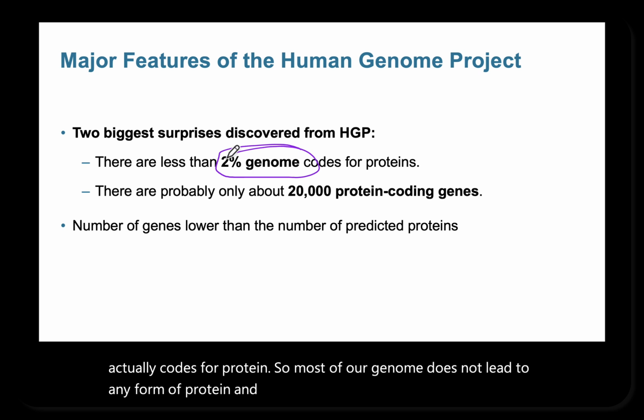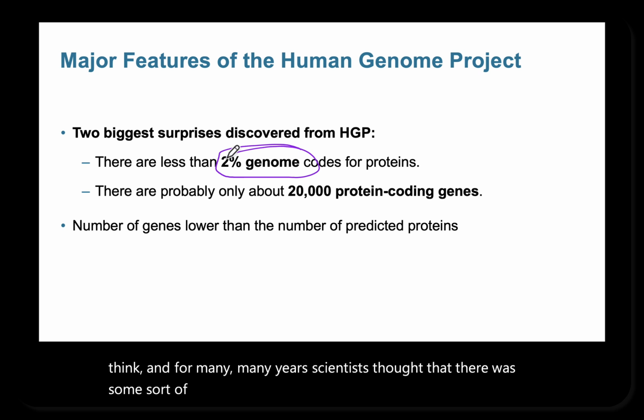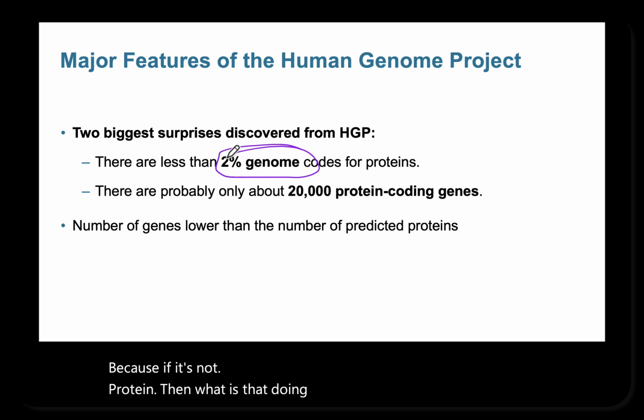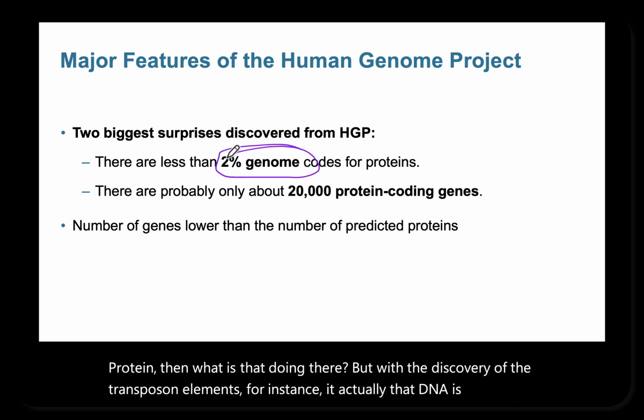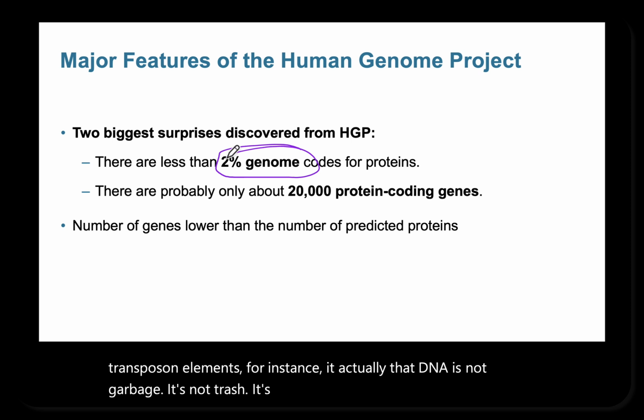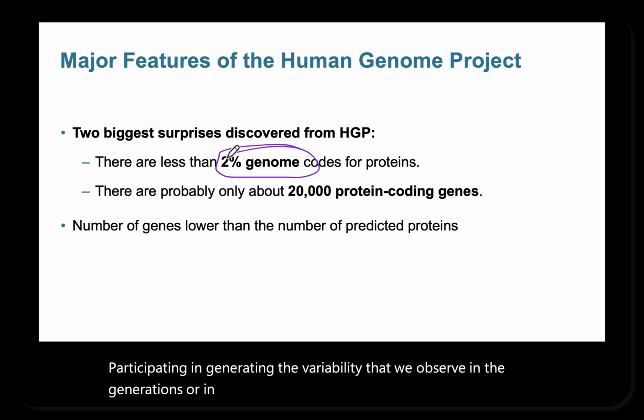And you would probably think, and for many, many years, scientists thought that there was some sort of a trash DNA that wouldn't actually have any function, because if it's not coding for protein, then what is that doing there? But with the discovery of the transposon elements, for instance, that DNA is not garbage, it's not trash, it's actually participating in generating the variability that we observe in the generations, or in the nationalities, for instance.